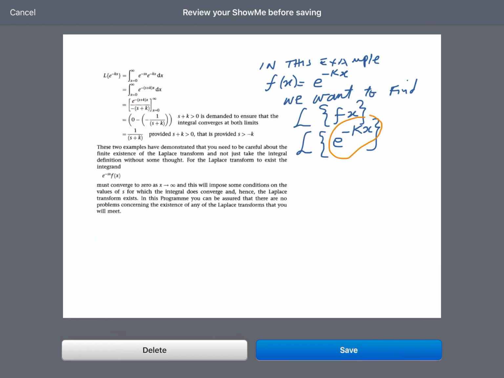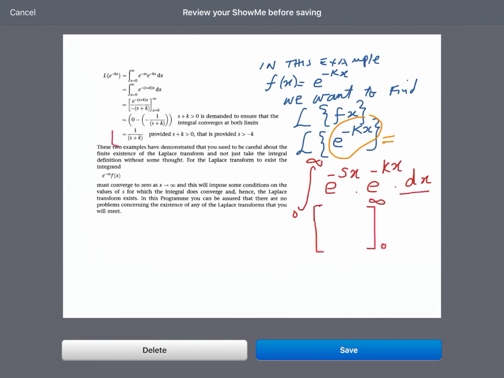The original function, e to the power kx, we multiply by e to the minus sx, and we integrate with respect to dx. The limits go from 0 to infinity, and we're going to finish up with this term here, 1 over s minus k.